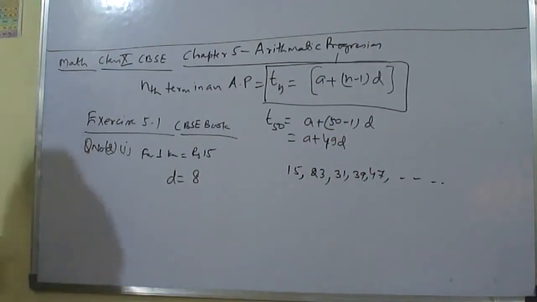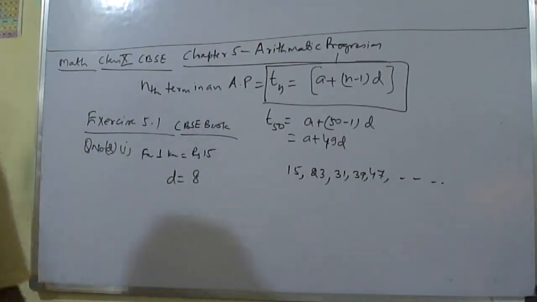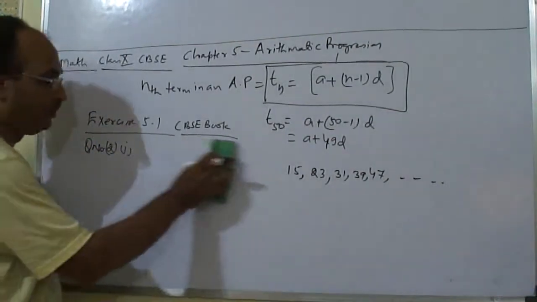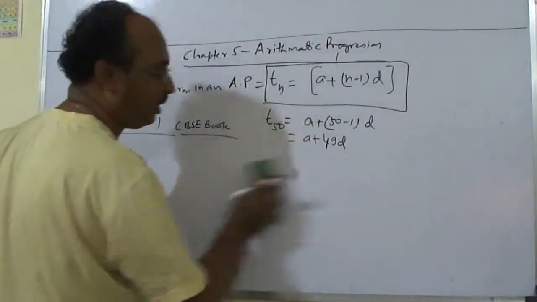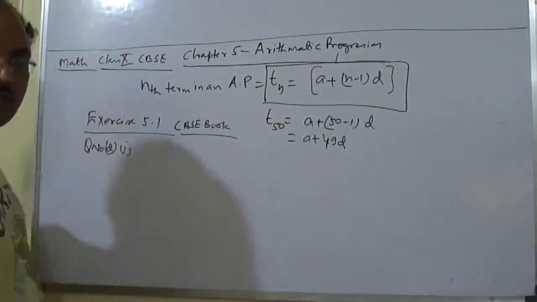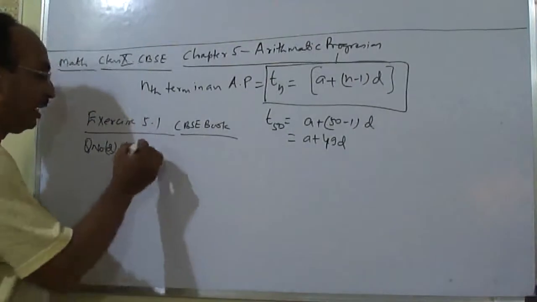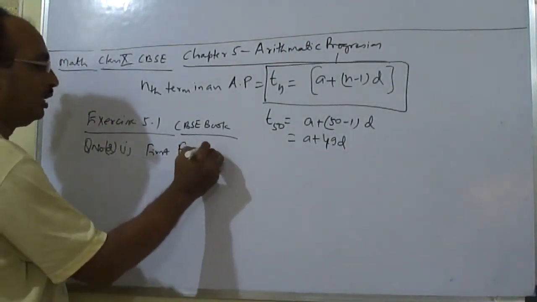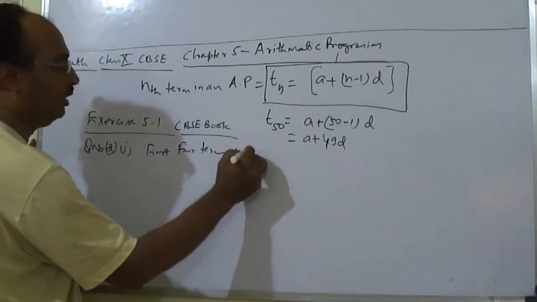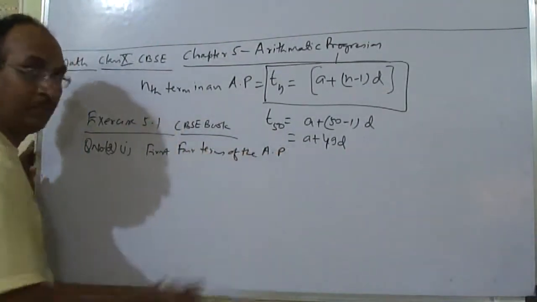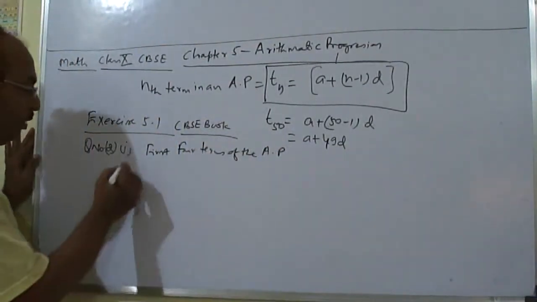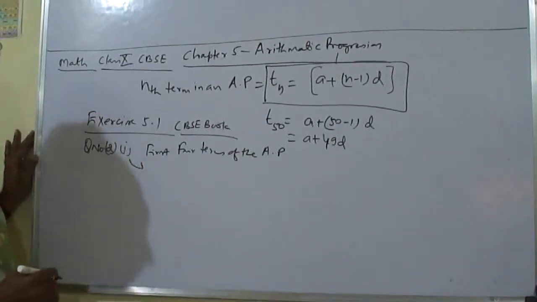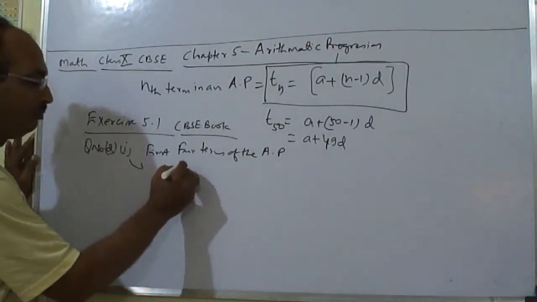Question number 2 says to write the first 4 terms of the AP. So we are asked to find the first 4 terms. It is given that A is equal to 10 and D is equal to 10.